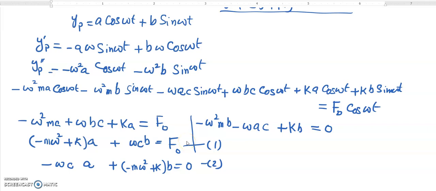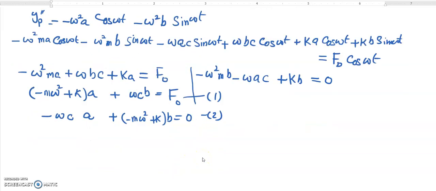Okay, so to solve these two equations to find the values of a and b, one can multiply this second equation by minus m omega square plus k, and divide by omega c.